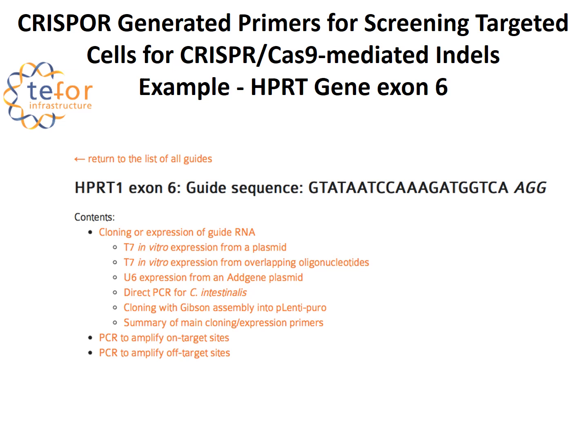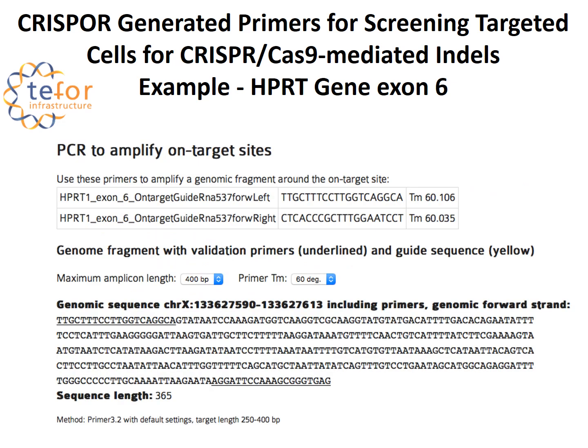In the Genomic Engineering Shared Resource, we predominantly use U6 expression vectors provided by Addgene. It also provides information on PCR primers to amplify your target sites, as well as if you're interested in off-target sites, you can do that. So these are the PCR primers that are available for that one. The site will generate or find PCR primers that span your site, and usually set a cutoff of about 400 base pairs.